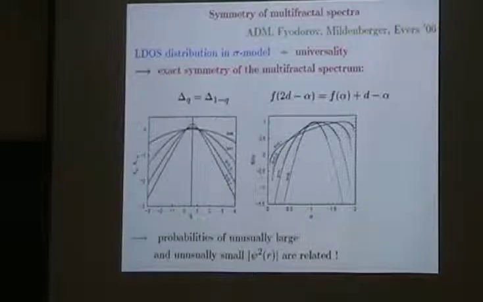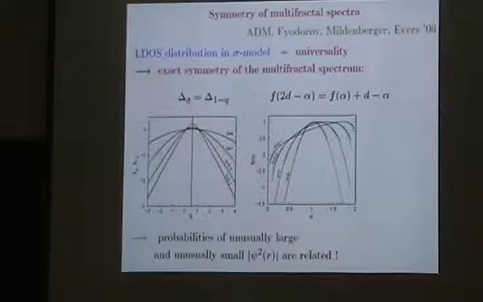Yeah, so now let me say some words about one very interesting, curious property of this multifractal spectra that we first found some years ago by just doing explicit calculation with sigma model, and you always can describe this critical point with sigma models, and even without explicitly calculating the spectrum, one can show that there is this symmetry that the exponent with index q is equal to the exponent with index 1 minus q.